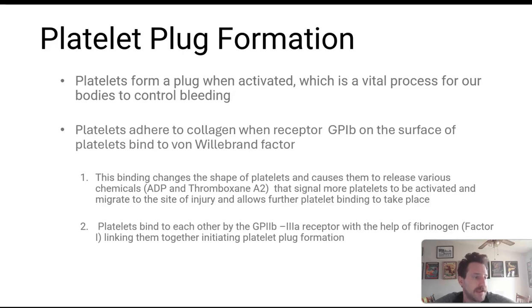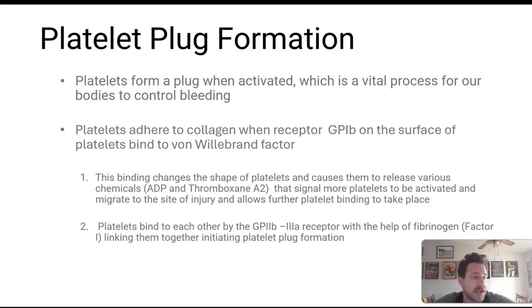When these chemicals are released, they bind to specific G-coupled proteins on the platelets and cause them to migrate to the site of injury where the platelets are already bound to the von Willebrand factor. This process can be referred to as platelet aggregation. As more platelets start aggregating to the site of injury, they start binding to each other, forming a nice platelet plug to minimize bleeding.